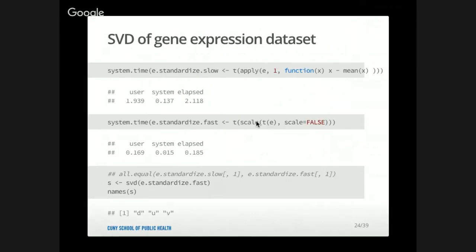And there's a scale function that is specifically for scaling and/or centering the columns of a matrix. The reason I have to transpose is because I want to center the rows, not the columns. So I transpose it, do the centering, and then transpose again. And all of this occurs about 10 times faster than if I use this implicit looping function.